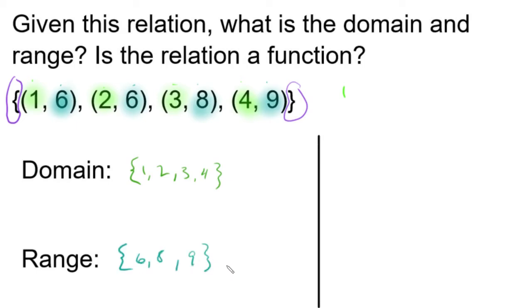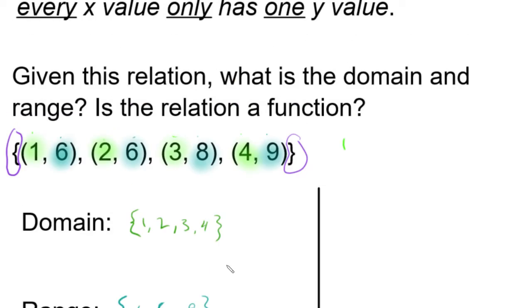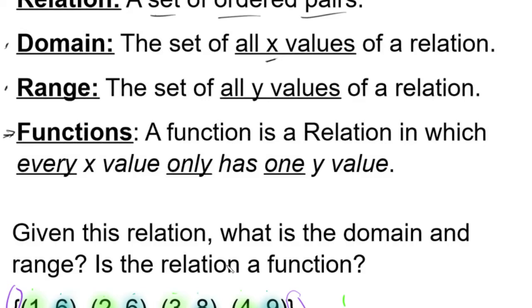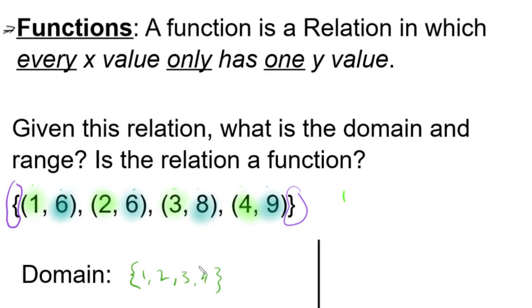I'm not sure if you can hear my pen, but I hope not. Maybe you can turn it down because my microphone is very sensitive. So, a function is a relation in which every x value only has one y value.